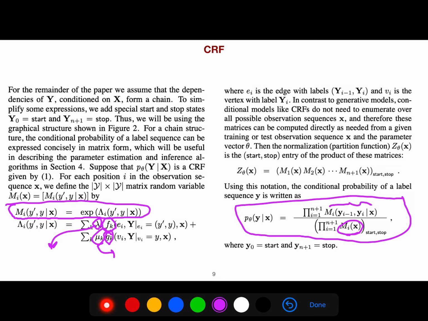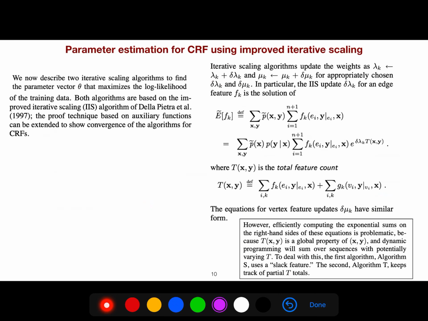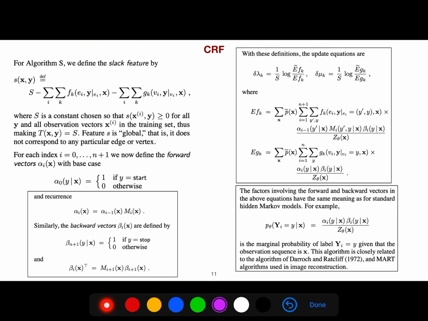And of course, you should note that just like in biology, just like in a recurrent neural network, here we have y start and stop to denote what is the start and what is the stop. We don't need to continue anymore. Just like in the previous lecture, these are again the same thing.